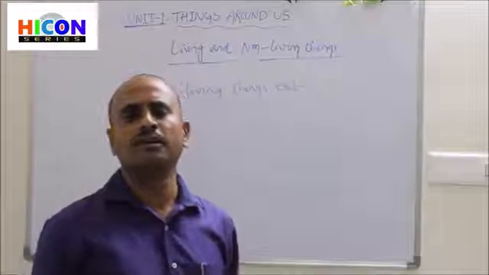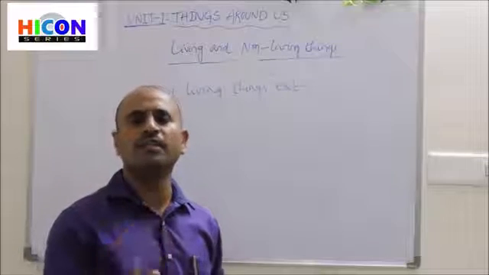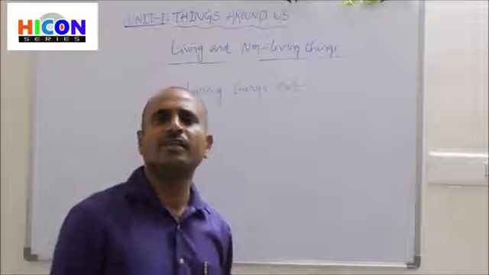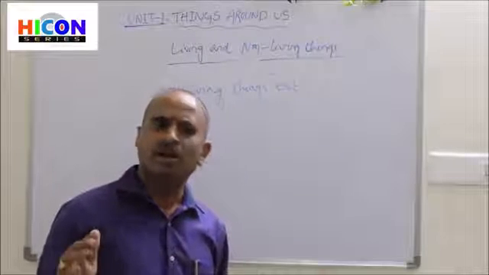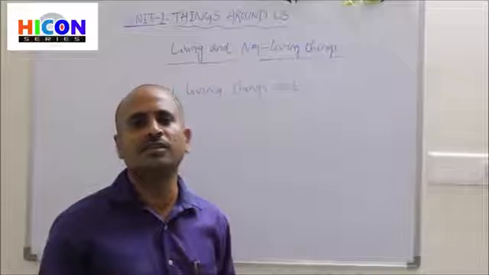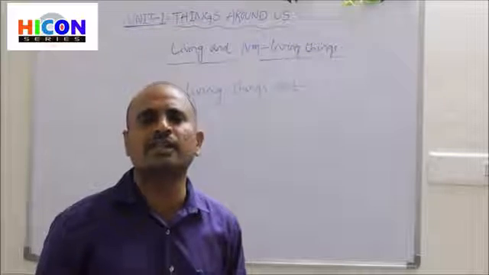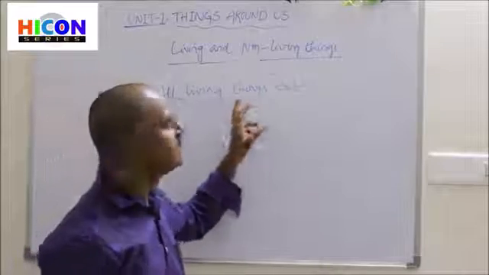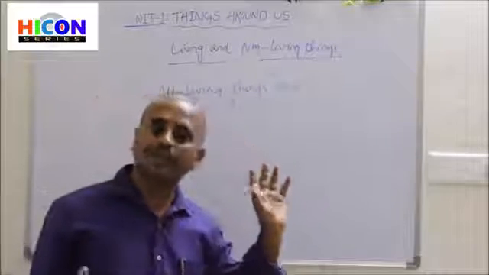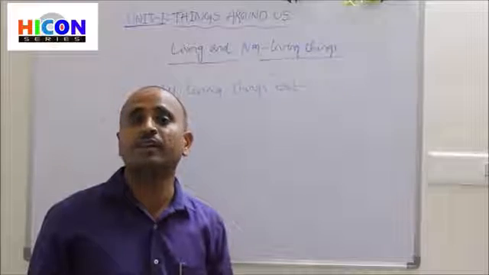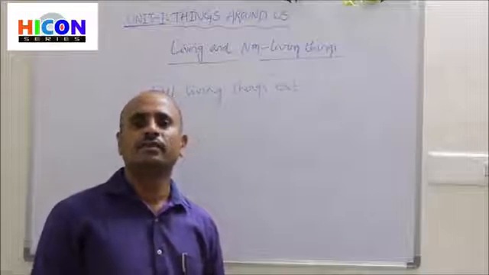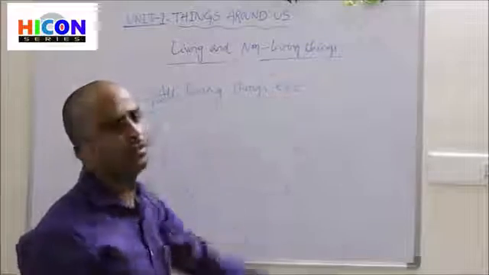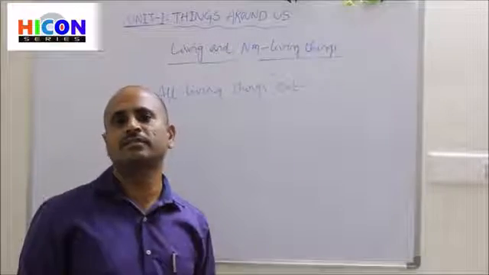Not only the pen, all non-living things like computer, TV, fridge, AC, lorry, car and buses do not eat food, and they do not require food. Whereas all living things eat food because they should get energy for doing different types of work in their life. So this is the fourth characteristic which differentiates between living things and non-living things.